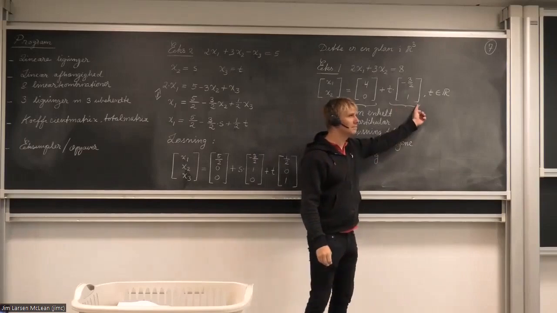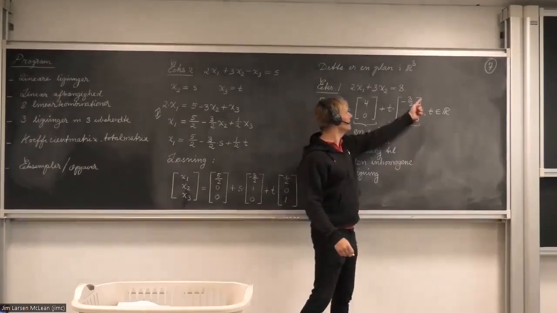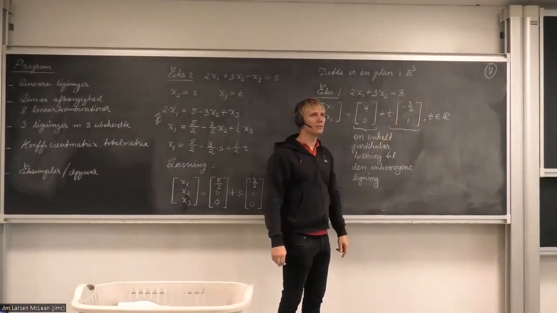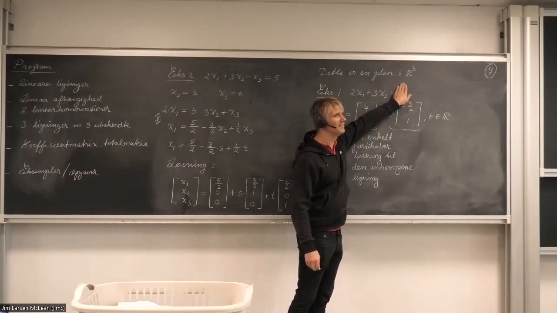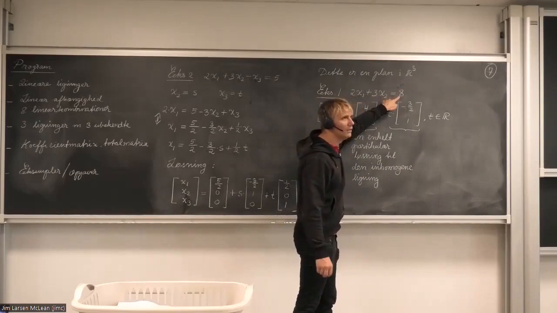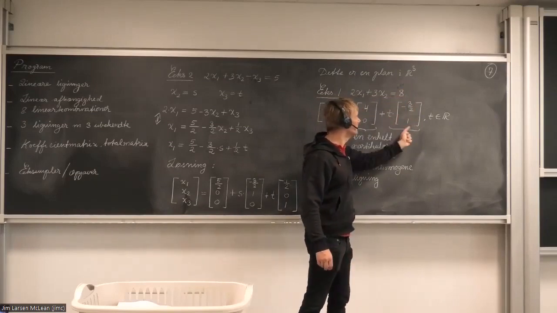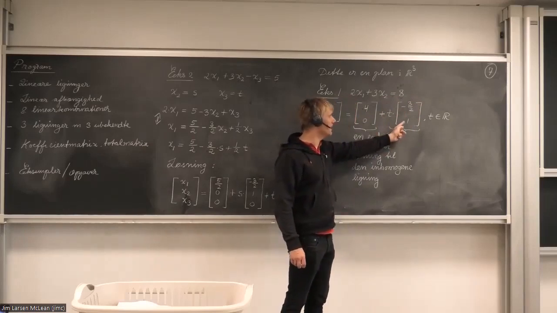Yes, it is that too. What we discover here is that this is the complete solution to the homogeneous equation if there was a 0. So if I look at the line given by the equation 2 times x1 plus 3 times x2 equals 0, which I'll do for you now, you'll notice that the solution to it is this, just without that one. So now I'll write down what this is.